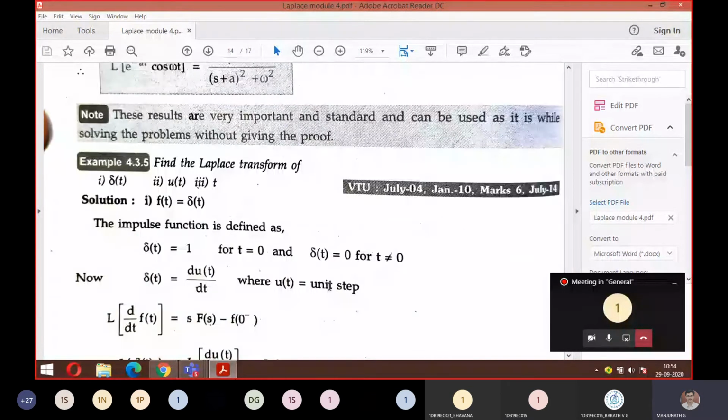Okay, so now we'll move on to the problems which you have to solve today. I hope the screen is visible to everyone. So with Laplace transform, we will deal today with the impulse function, unit step function and ramp function. Before going into this, just one second, I will open Paint here.